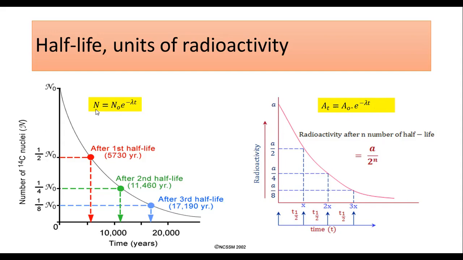And the same behavior is here. The number of nuclide versus time, it is going to decrease exponentially. So what does exponentially mean over here? This is actually the very important description of the first order kinetics, or to determine the half-life of any radioactive nuclide.